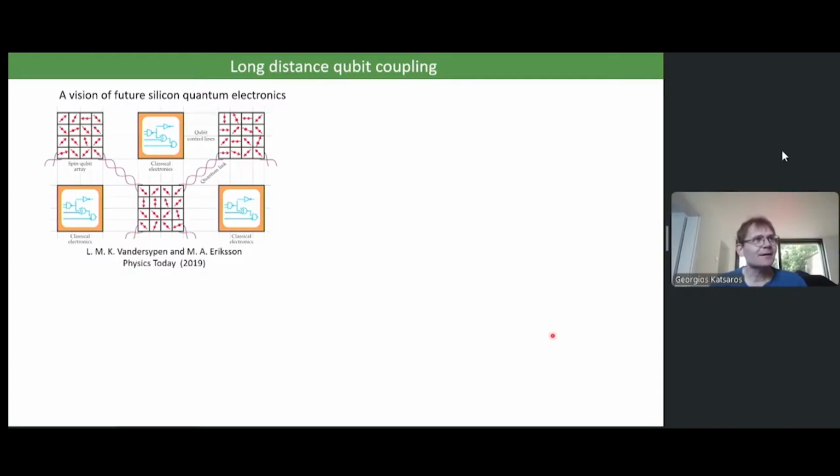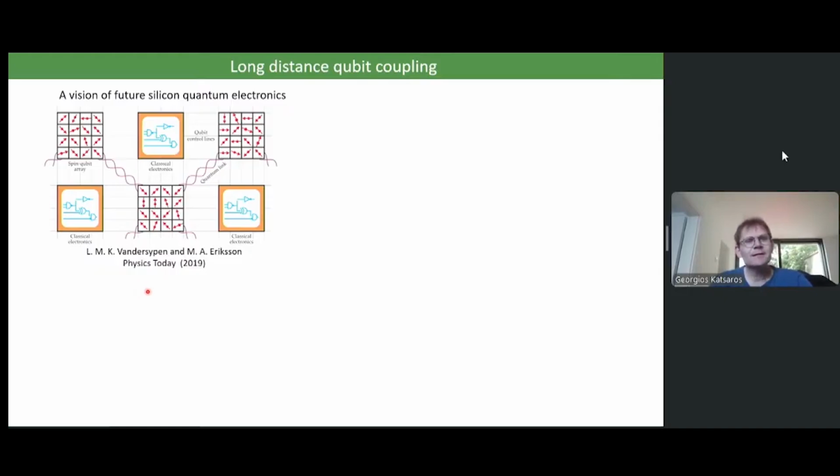So having 10 million qubits is challenging. And then there are many questions. How will you bring in DC lines? So I would say in most of the fields, also superconducting qubits are facing this challenge, also cold atoms. So going to a very large amount of qubits is a challenge.